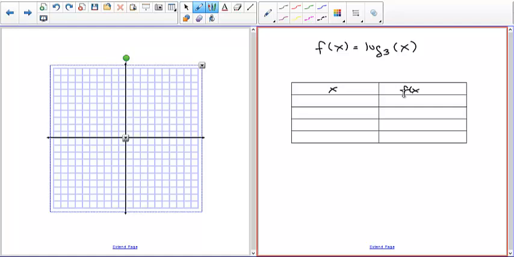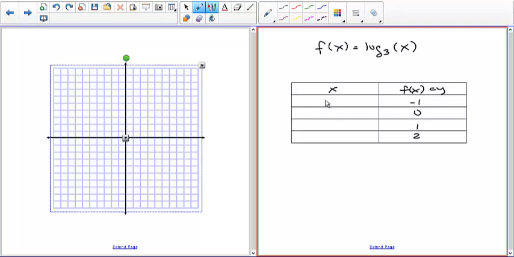Now, the easiest thing to do here is to go the other way. So we're going to do -1, 0, 1, and 2. And so, a logarithm says, what power do I need to raise 3 to get a result? And basically we go the opposite way.